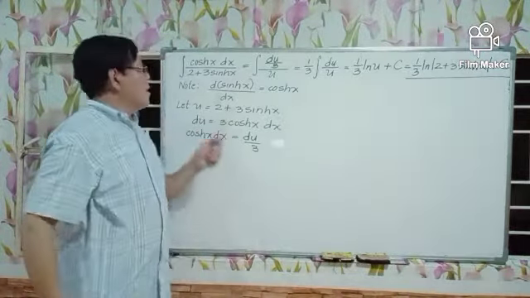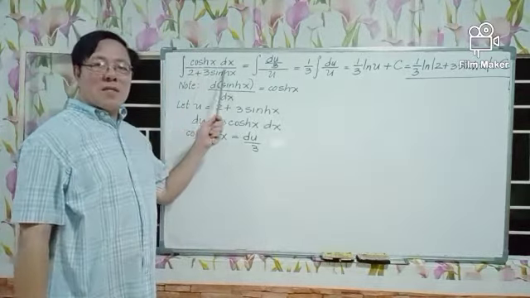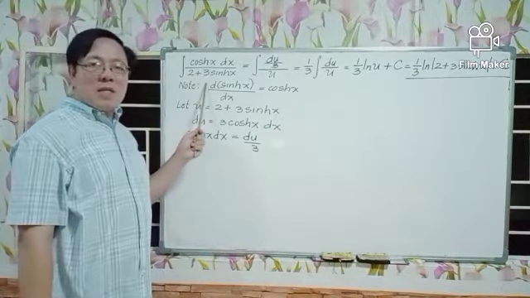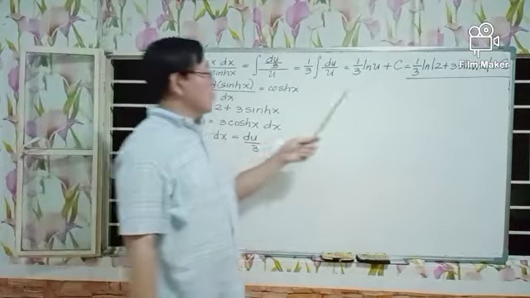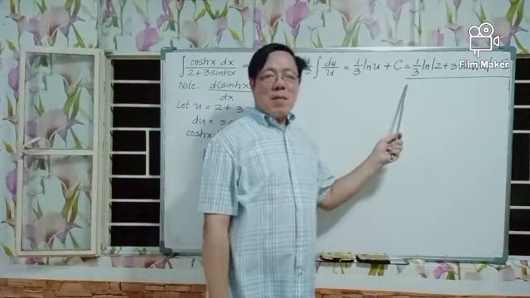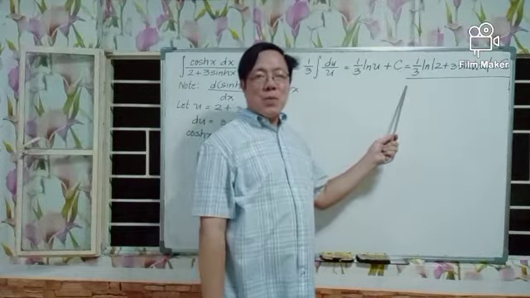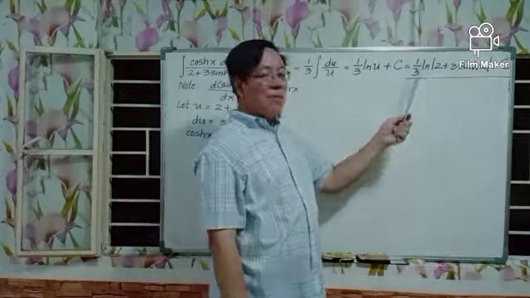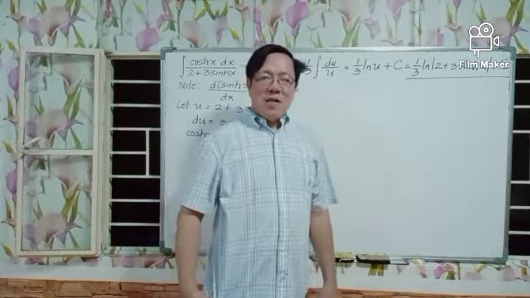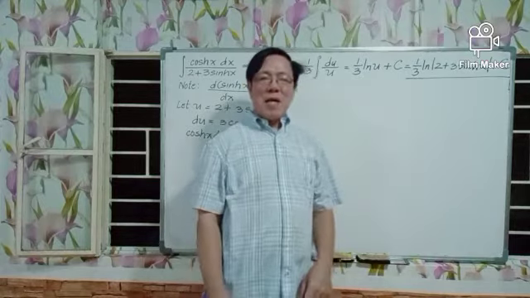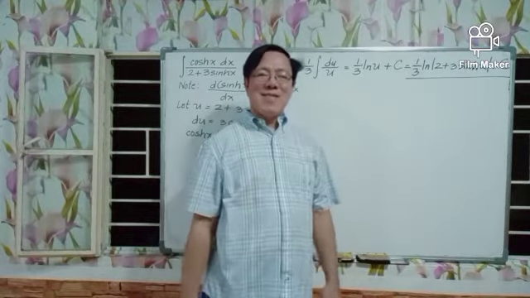Hence, the integral of hyperbolic cosine of x dx over 2 plus 3 times hyperbolic sine of x equals 1/3 times ln of 2 plus 3 times hyperbolic sine of x plus a constant of integration c. We take another example.